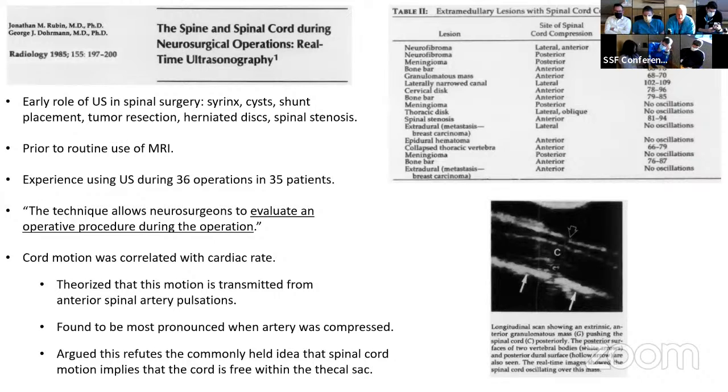Because again, for me, this is still one of those things in a large bad cord injury. Do we do the durotomy? Do we jump to that measure, or do we hope for the best? And could ultrasound perhaps guide us? And if so, what kind of frequency, what kind of modality would we use to determine that?